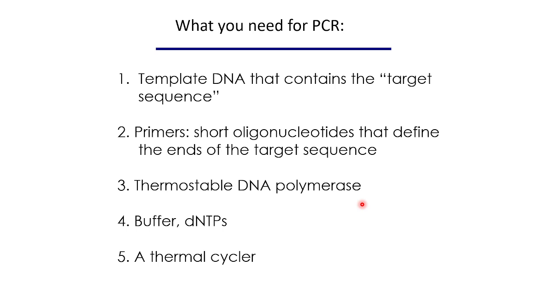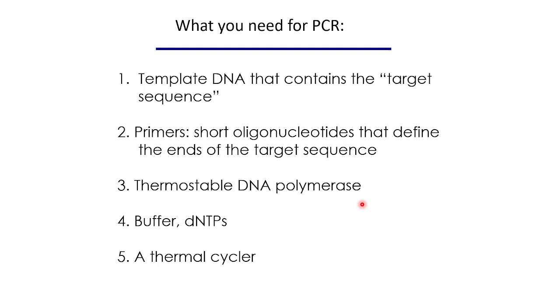So what we need for PCR is a template DNA, that is the DNA that we extracted and purified, that contains the target sequence. We need thermostable DNA polymerase, like Taq polymerase, such that it can survive at high temperatures. We need buffers, dNTPs, and two types of primers: a forward primer and a reverse primer.